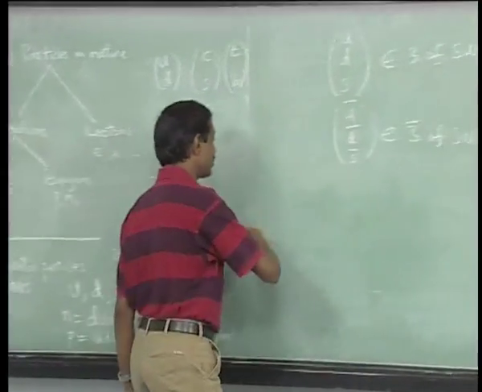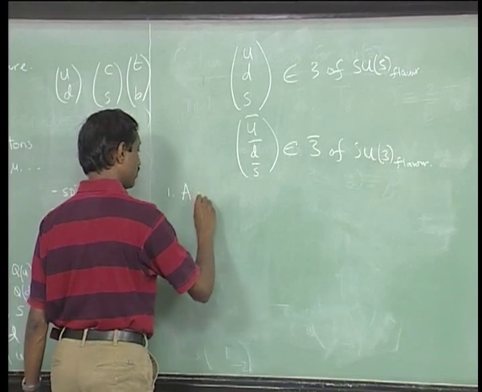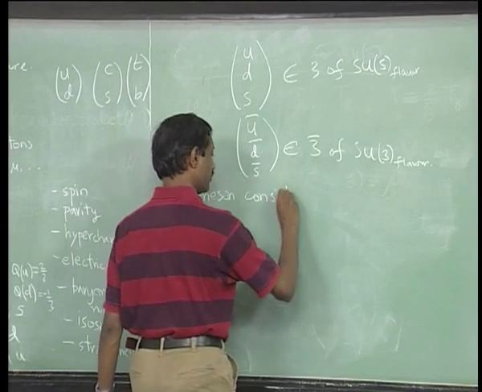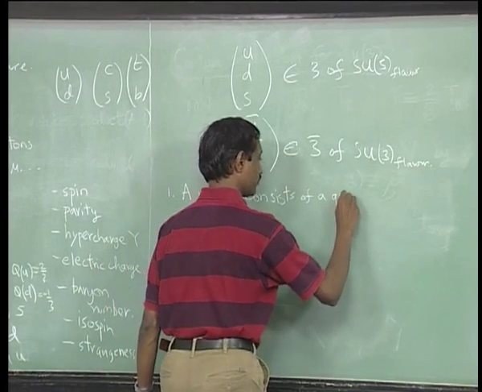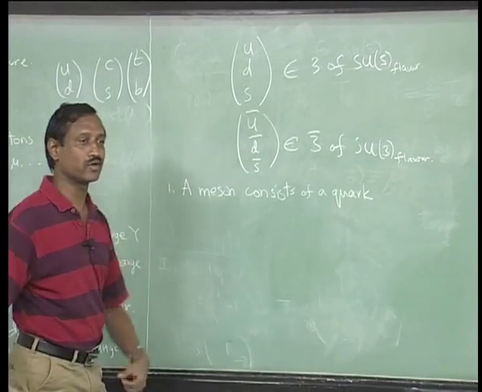Okay, so these are only rules or whatever. First one is a meson consists of a quark, or I can say it is a bound state of a quark and an antiquark.